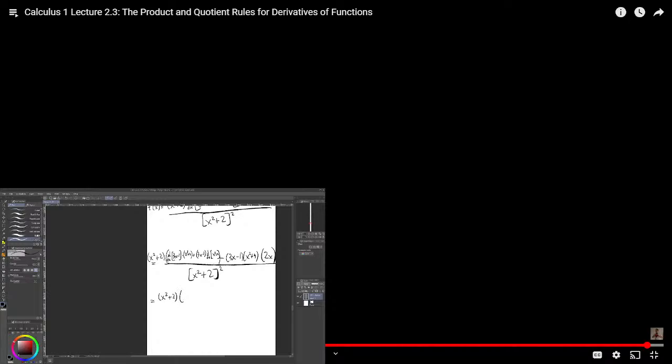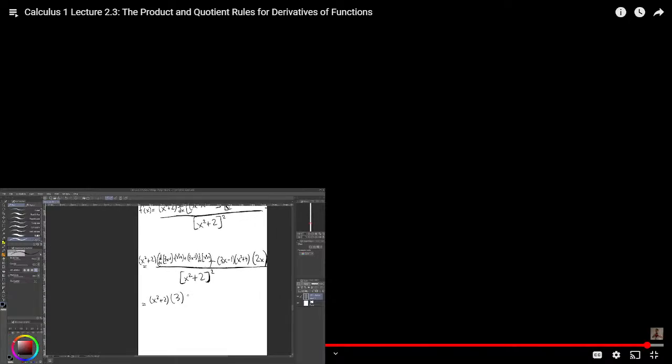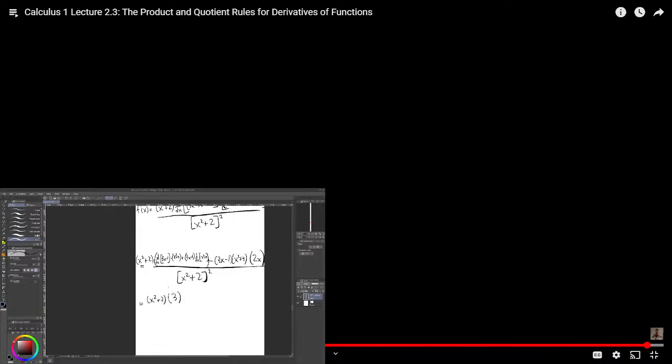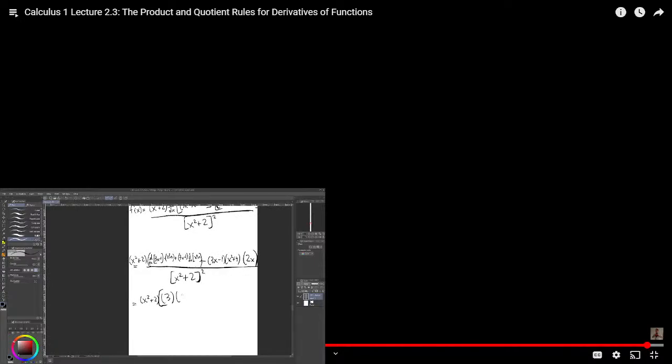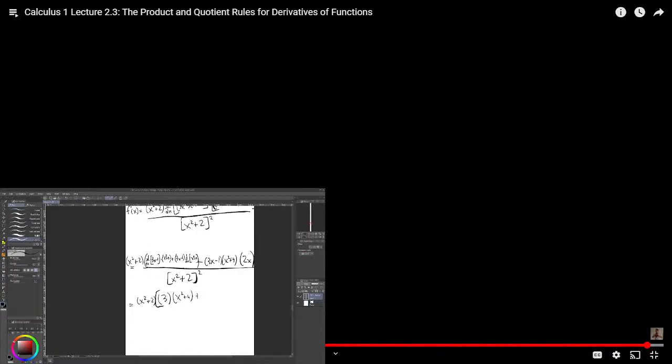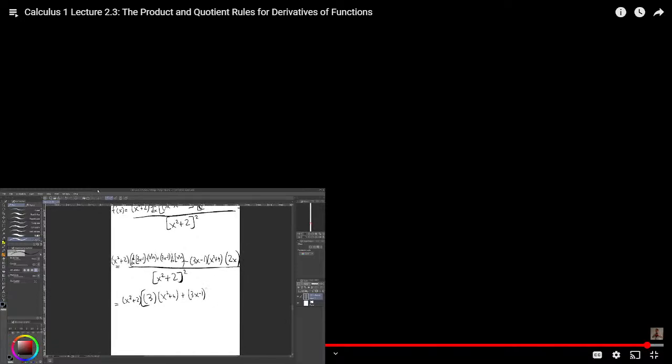So the derivative of this would be 3. Just 3. Put a bracket over this. 3 times x squared plus 4 plus 3x minus 1. It's getting too big.